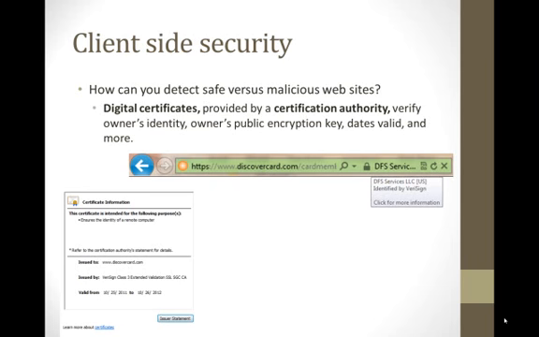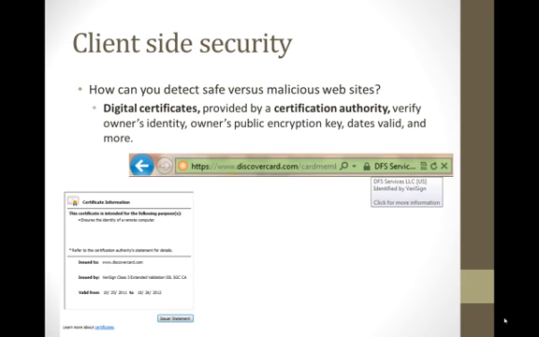In this case, the certificate was intended for the following purposes: ensures the identity of a remote computer, says who it was issued to, issued by, valid from 10/25/2011 to 10/26/2012. Now, Discover Card obviously is going to have to renew the certificate before October 26th. That's going to be handled internally. But that's how it's accomplished.